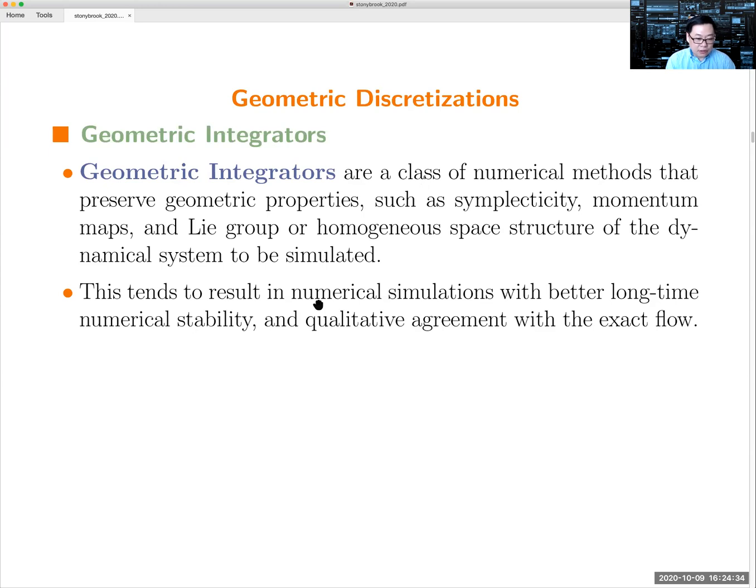So let me maybe expand a little bit on this idea. If you think about numerical methods and you look at this whole issue of backward error analysis, then in practice, the only things which you can reliably extract from long-time numerical simulations are properties of the system which are in some sense structurally stable, which is to say that these are properties of the system which, if you were to perturb the dynamical system slightly, wouldn't change too much. Okay.